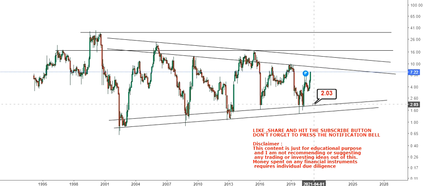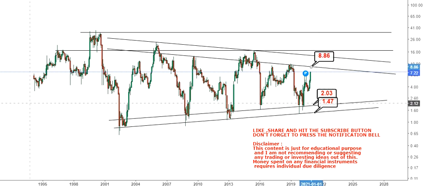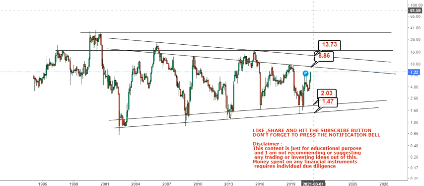Now looking at the big trend, I will jot down the important support and resistance levels, which matter for the overall trend and not for short term or daily price action. You'll have your big support first at 2.03, then 1.47. On the upside, you will have your first target at 8.86, then your next target at 13.73, and I will say that's it.